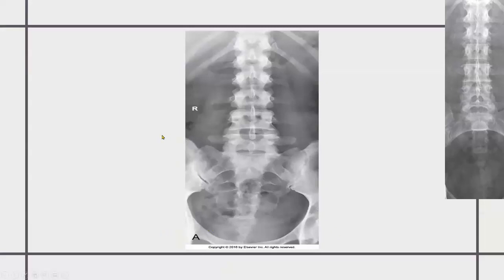Even if I centered on the crest, I would have 1.5 inches above that. You have 1.5 inches above, 1.5 inches below when you collimate, or use an 11 by 14, excuse me. So just based upon the smaller cassette, we wouldn't include the ovaries. Something to think about.